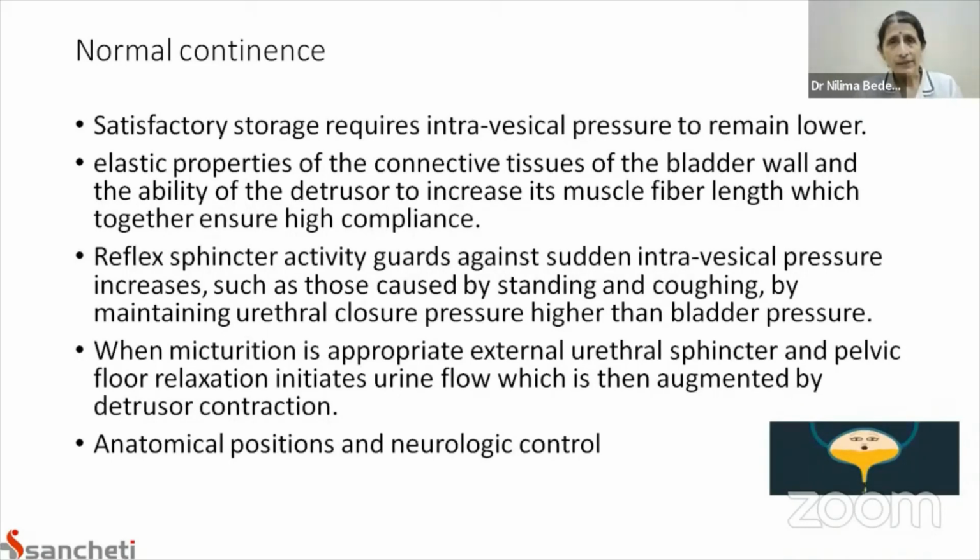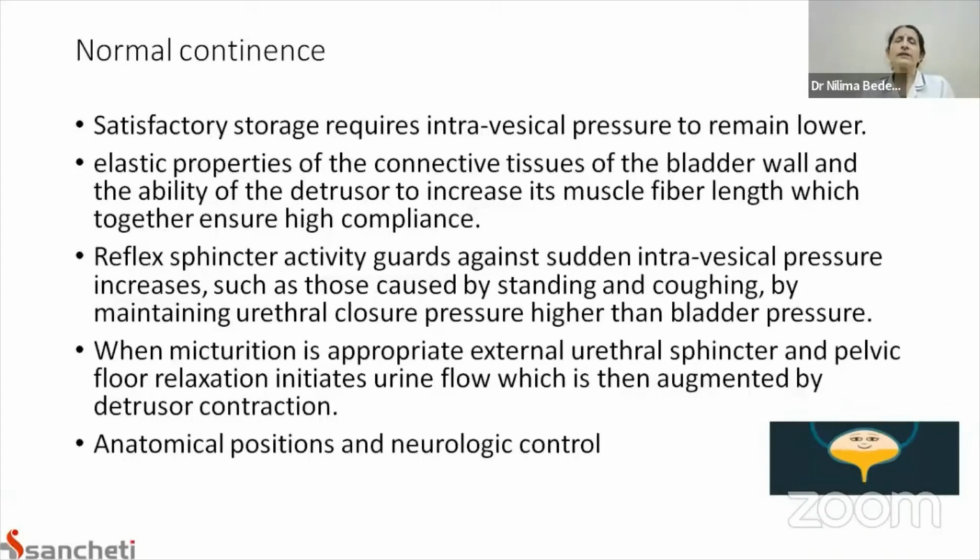we have the bladder, the urethra, and the internal and external urethral sphincters. There is a storage phase and a voiding phase, which is the micturition. To have satisfactory storage, it requires the intravesical pressure to remain less than the sphincter pressure.